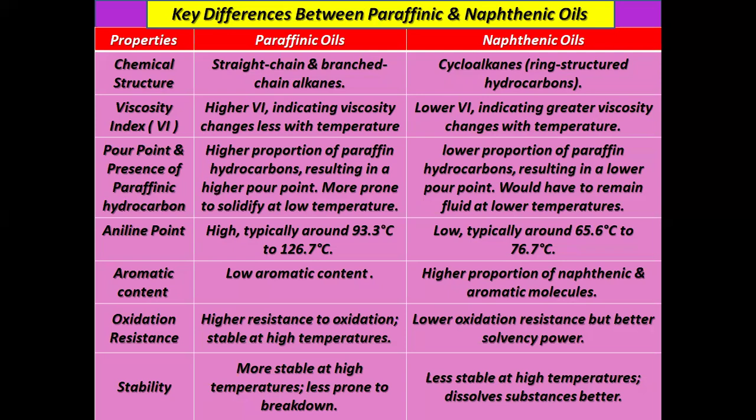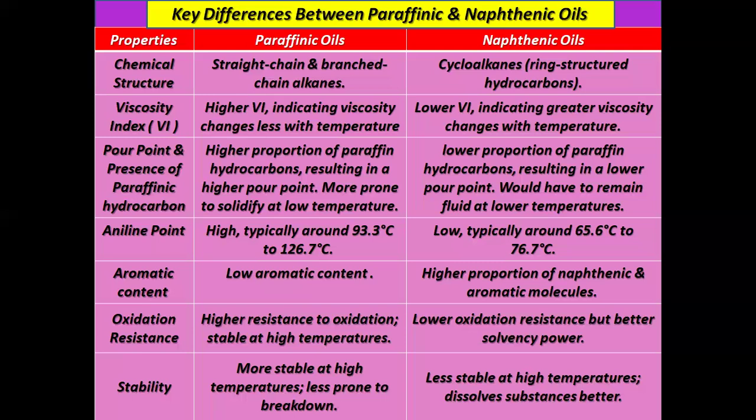Pour point and presence of paraffinic hydrocarbon: a higher proportion of paraffin hydrocarbons results in a higher pour point, more prone to solidify at low temperature. A lower proportion of paraffin hydrocarbons in naphthenic oils results in a lower pour point, so they maintain fluidity at lower temperature.